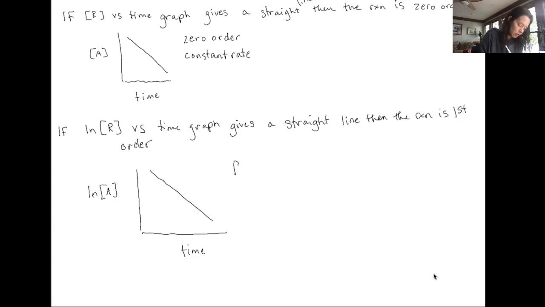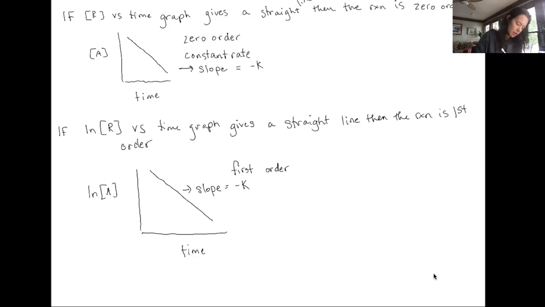This would be first order, okay? First order. The slope of this line equals negative k. So we could get our rate constant by getting the slope of that line. Up here, the slope of the line equals negative k. So we could get the rate constant.